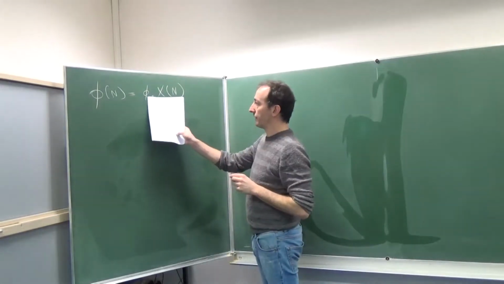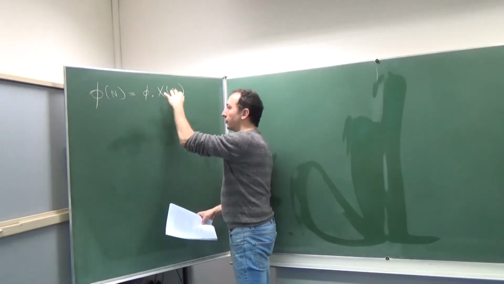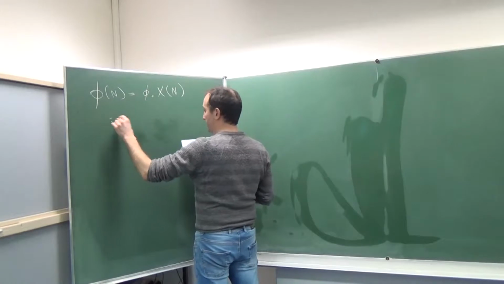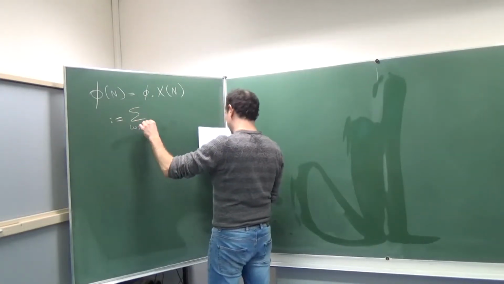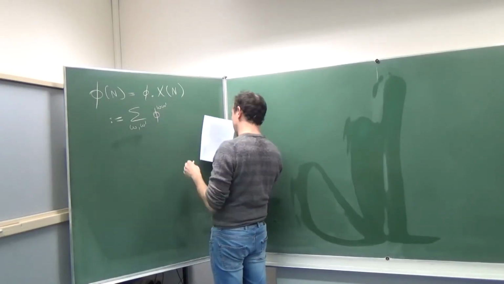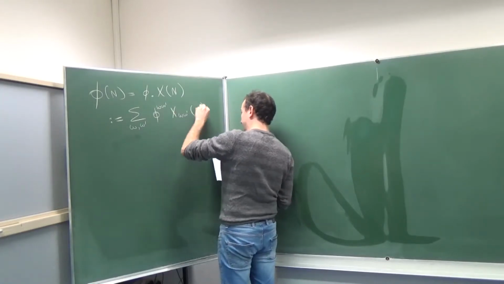Now this phi is a vector, a linear combination of the x of n, defined with some coefficients phi omega omega prime times x omega omega prime.